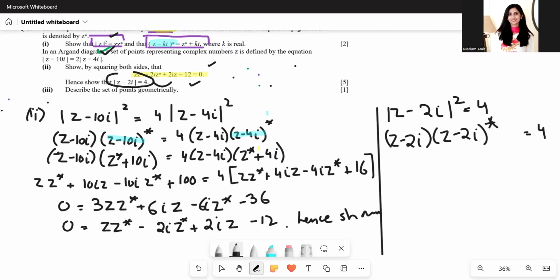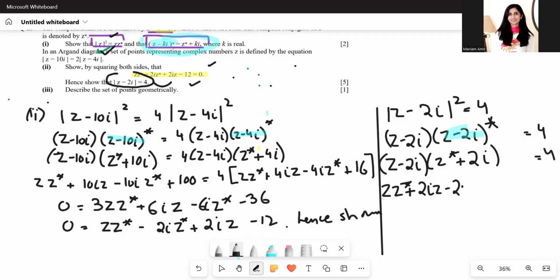Again, this will be expanded using z conjugate plus 2i. Let's expand: z z conjugate plus 2iz minus 2i z conjugate and minus 4 i squared, which would be plus 4, equals 4.